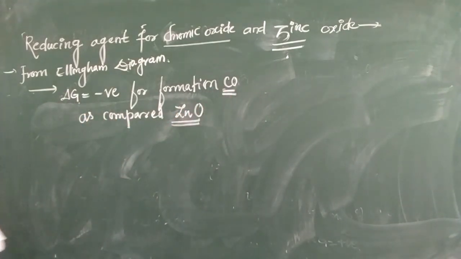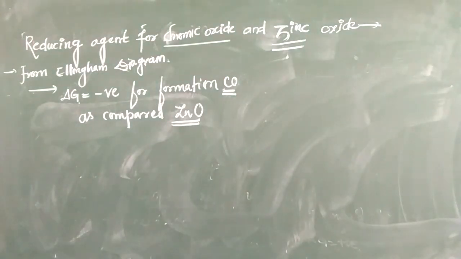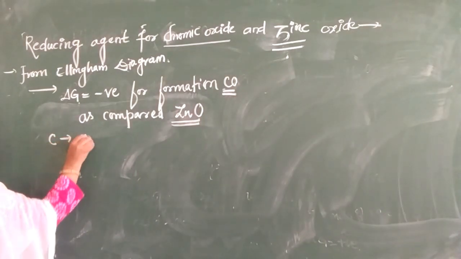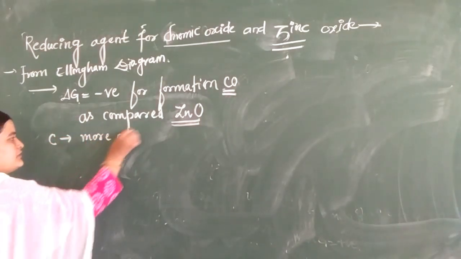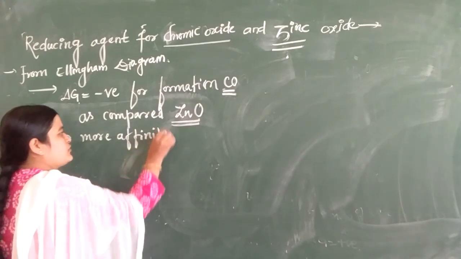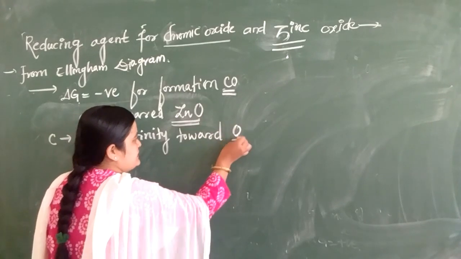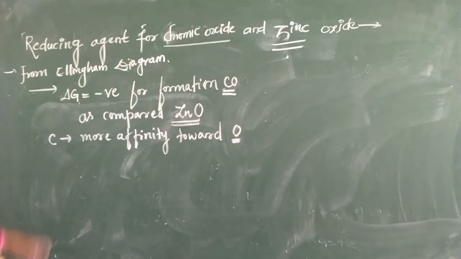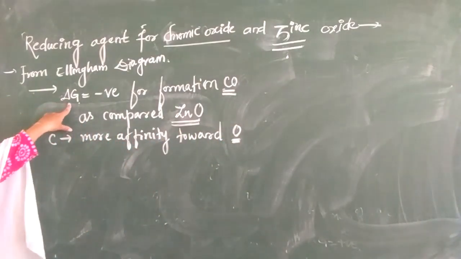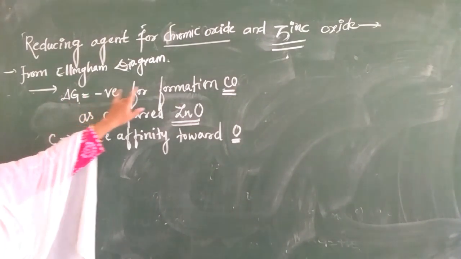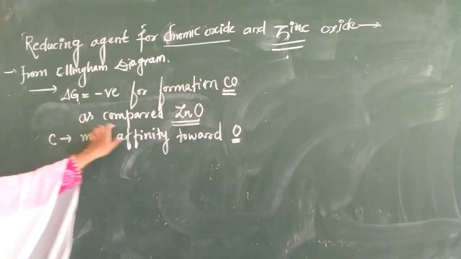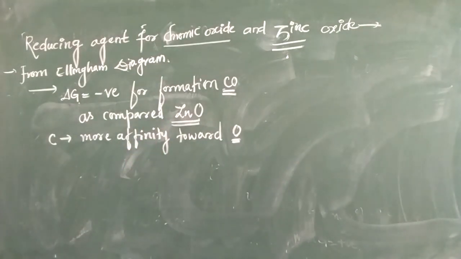Why does this happen? Again the question will arise. It indicates that carbon has more affinity towards oxygen than zinc does. From the Ellingham diagram it is already concluded that the delta G value is more negative for the formation of carbon monoxide as compared to zinc oxide, because carbon has more affinity towards oxygen than zinc.